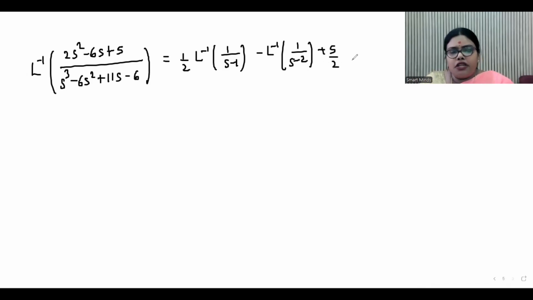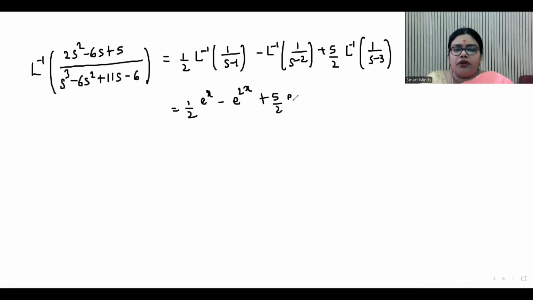Here I substituted the A, B, C values, and in the same step I am separating 1 by (s minus 3). So this is 1 by 2. What is L inverse of 1 by (s minus 1)? It is e^x minus e^(2x) plus 5 by 2 e^(3x). This is the final answer.